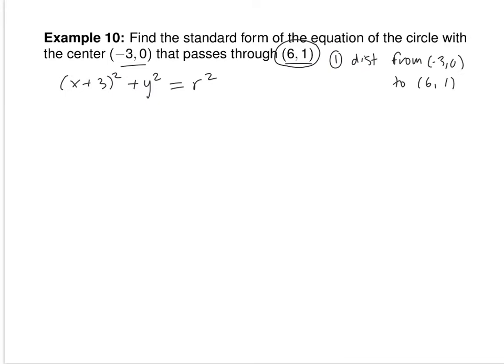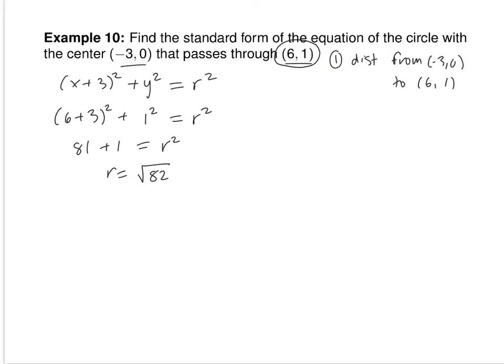So you could say, well, 6 plus 3 squared plus 1 squared equals r squared. 9 squared is 81, right? Plus 1 equals r squared. And so r is equal to square root 82. So this is an instance where graphing really wouldn't let you find the r because the r isn't a nice whole number. Does that make sense? Yeah. Okay.